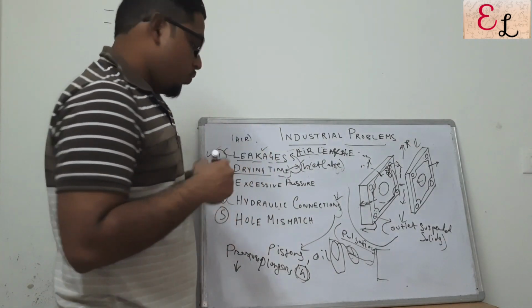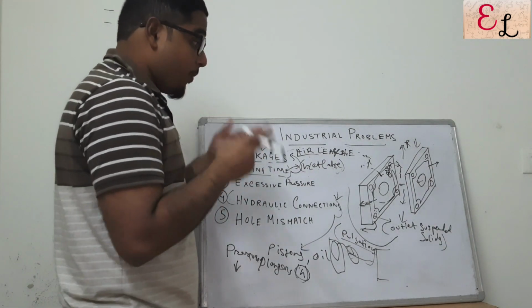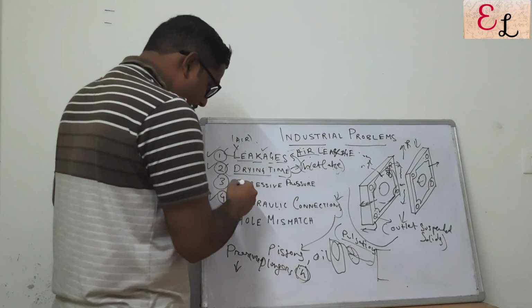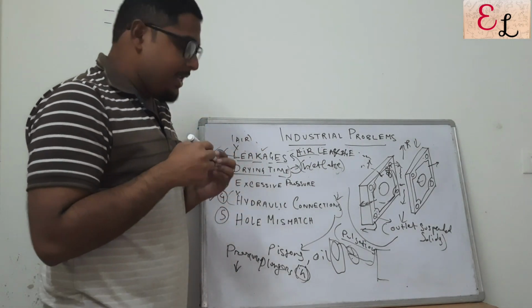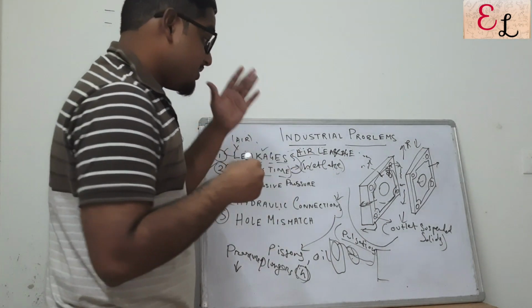Now what would you do to increase the drying rate, to ensure proper drying? First of all, do not allow leakages, do not allow hydraulic problems. Secondly, most importantly, you will have to understand, many people make this flaw in the system.